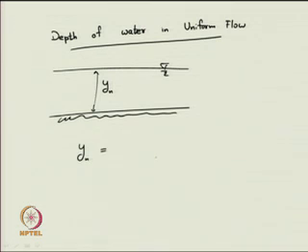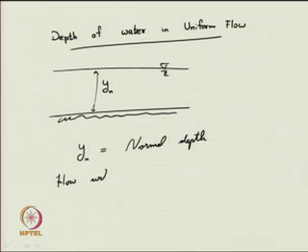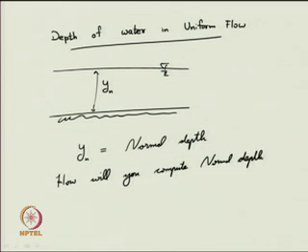If the flow is uniform, if the stream is having uniform flow, the corresponding depth of flow is called normal depth. This was discussed even in the last class. So, again I am just mentioning it here. How will you compute normal depth for a uniform flow?